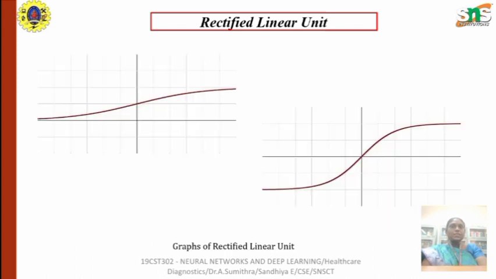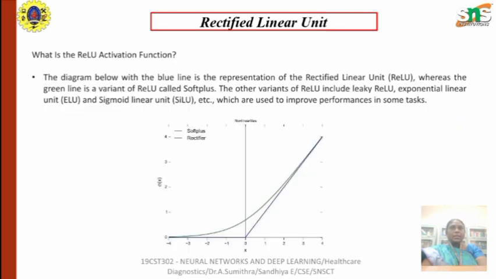The graph for this rectified linear unit is given below. Here the unit is a piecewise linear function that is 0 for all negative inputs and has a slope of 1 for all positive inputs. Mathematically, we can also have the representation in such a way.